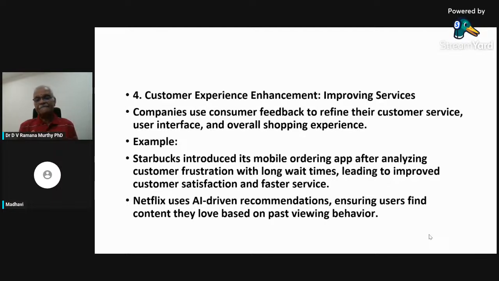As a matter of fact, enriching customer experience is a very, very important indicator for the success story of your product or service in the market. So companies use consumer feedback to refine their customer services and user interface. When the customer uses the particular product, what experience do they have? You need to enhance customer experience.